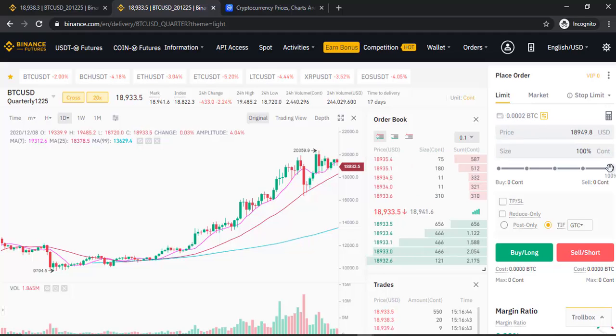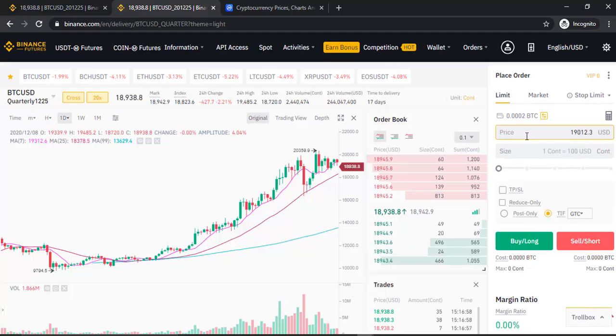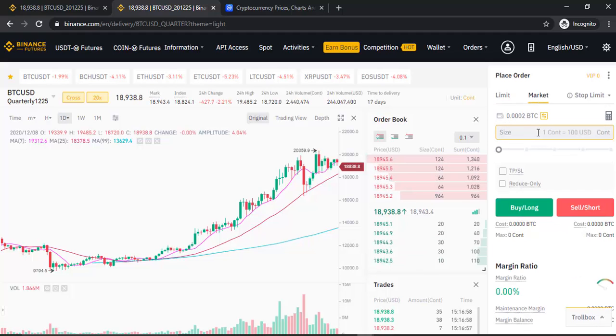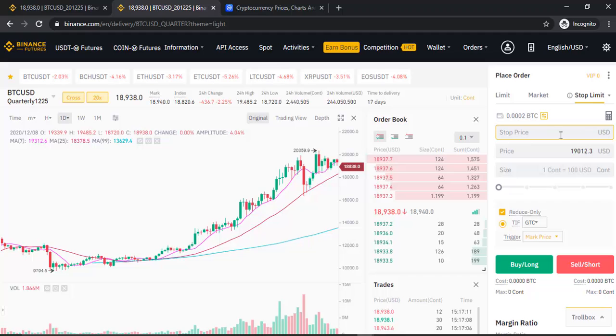It is also good you trade bit by bit instead of using all your asset on one position. As you can see, here is price and here there's no price. Therefore, it's going to take whatever price the market is at the time you want to either long or short. On the stop limit, we have the stop price and also the price. The stop price is going to be a trigger price that will get this one executed.